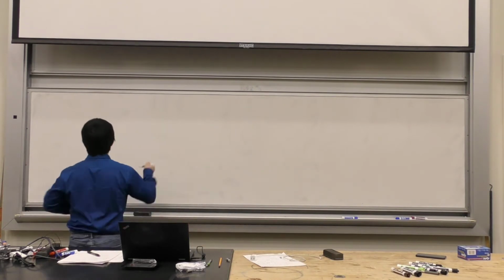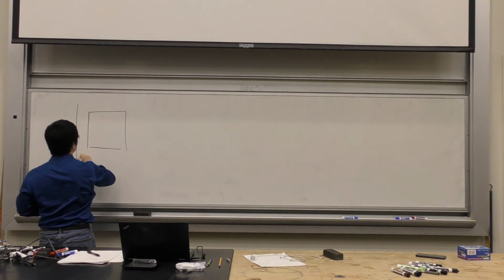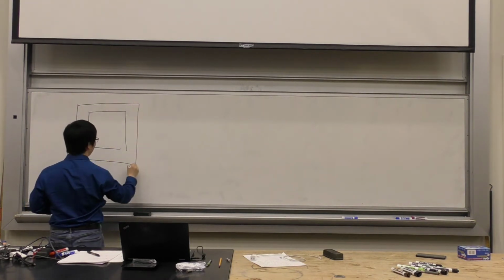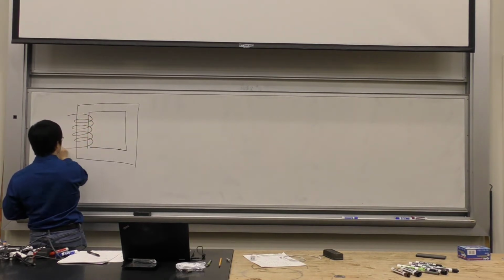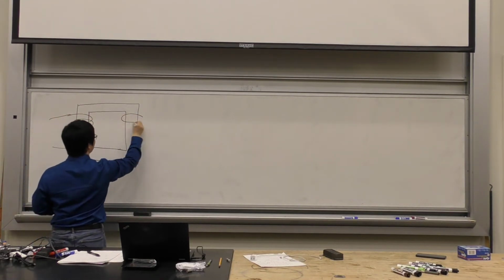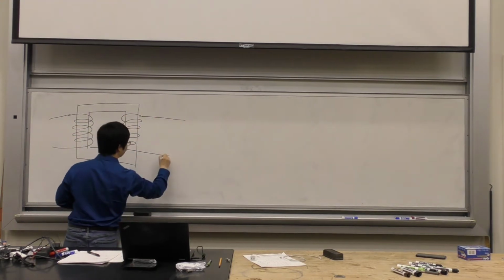So a transformer, as I said, the purpose of a transformer is to change the voltage. How does it work? There is a very simplified model of a transformer on the first slide. A transformer is pretty much an iron core with wires wrapped on this side, and also a wire wrapped on the other side.